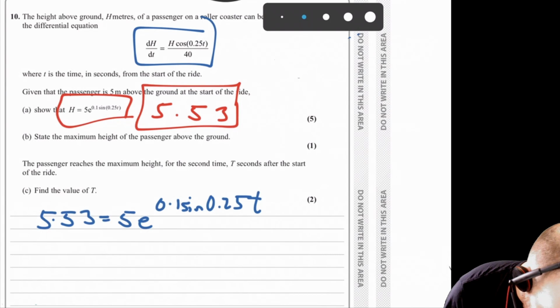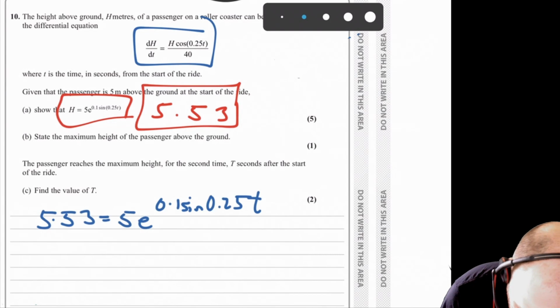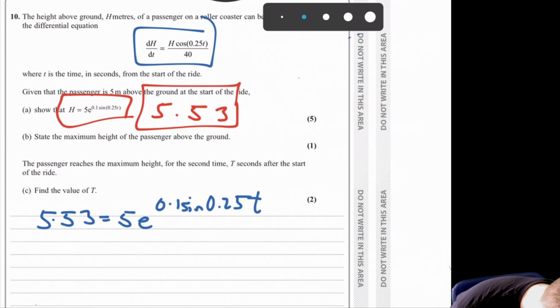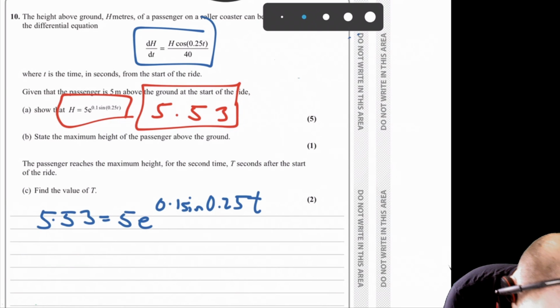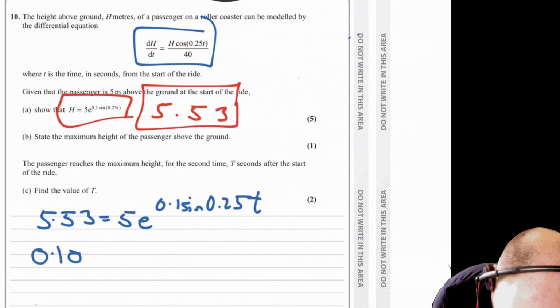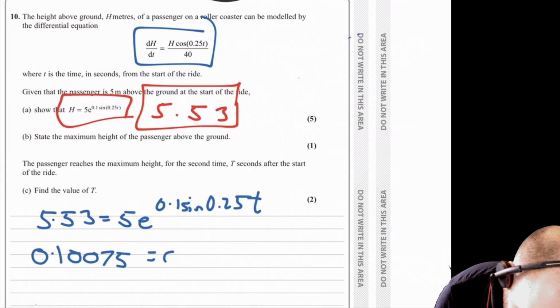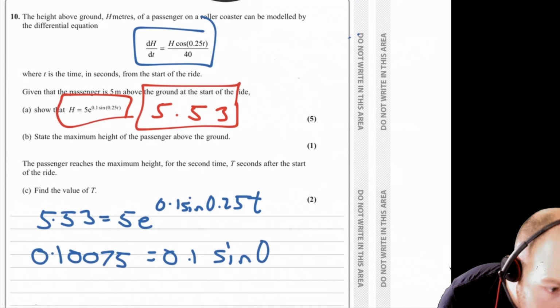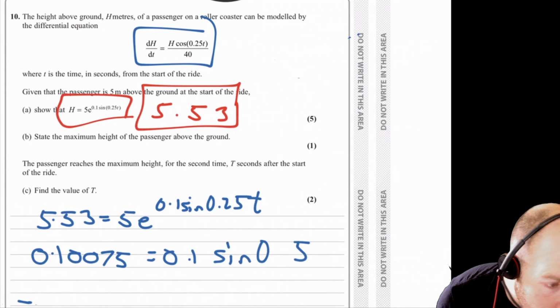Divide both sides by 5. 5.53 divided by 5 gives 0.1.